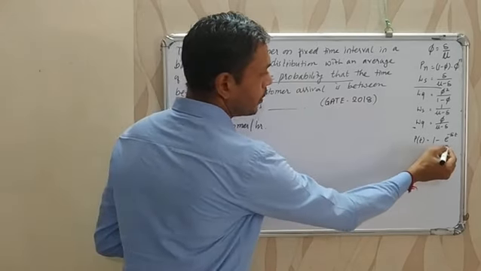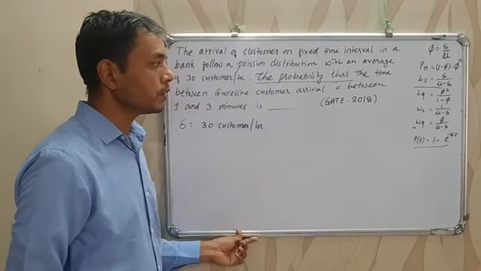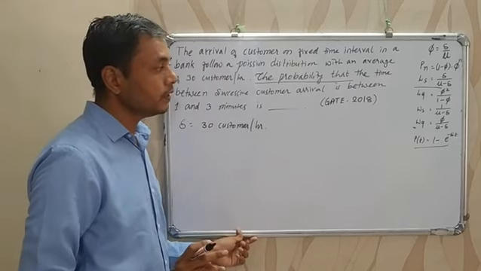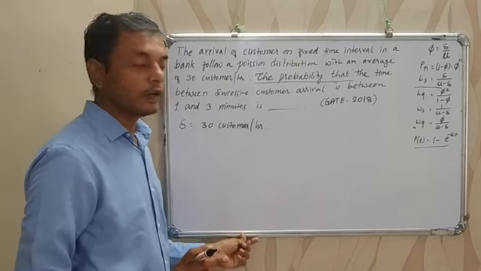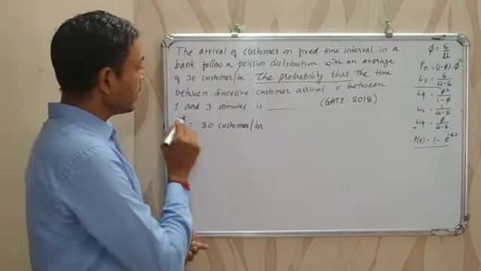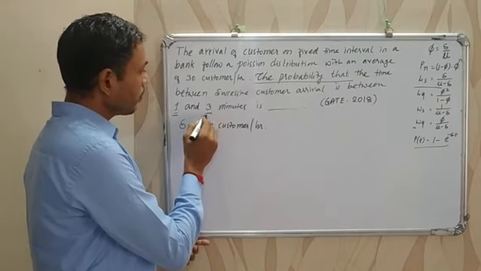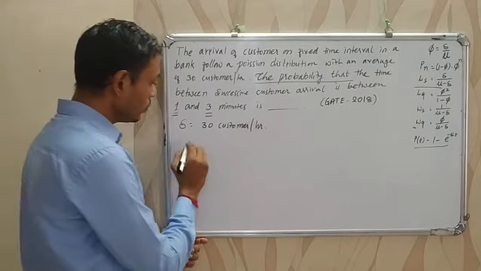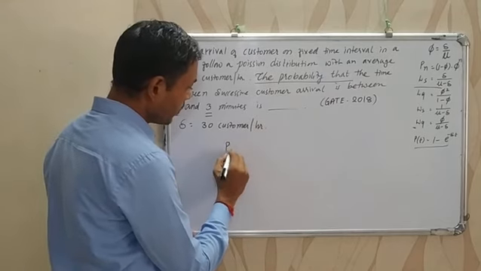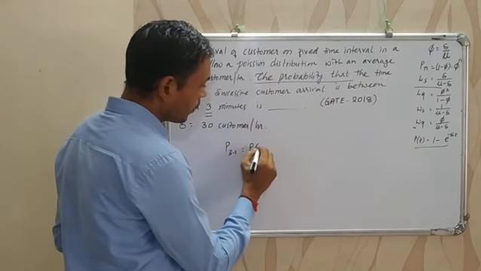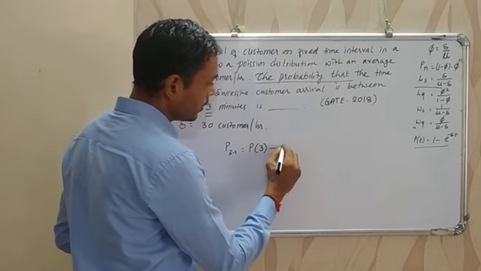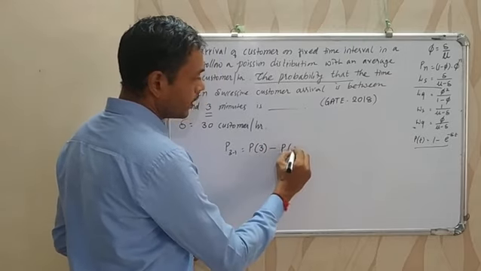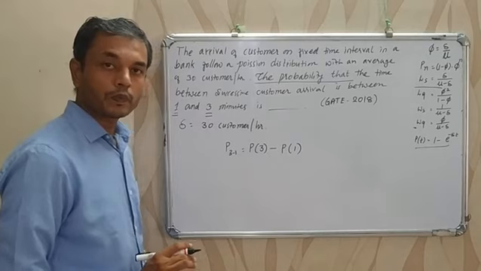So the probability of having a number of customers at a particular time t is 1 minus e raised to minus delta t. But here the ask is the probability between time 3 and 1. So you can say the probability from 1 to 3 is equal to the probability at time t, that is 3 minus 1.